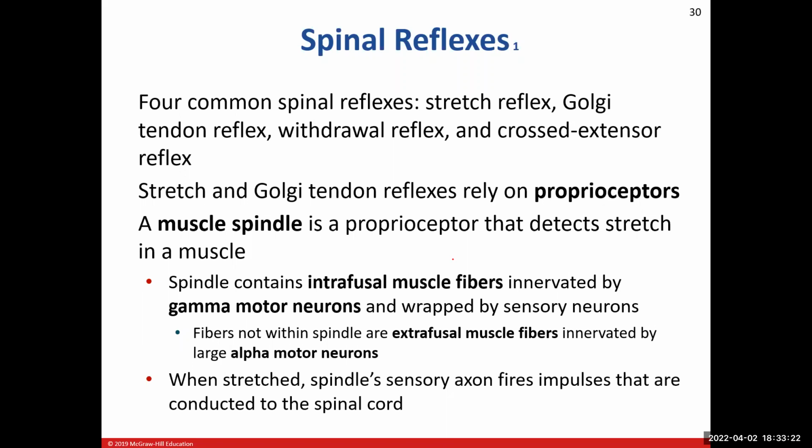And then the muscles that are not inside of our muscle spindle, we refer to those as extrafusal, outside, extrafusal muscle fibers. And they're going to be innervated by a much larger motor neuron. Alpha is the largest type of motor neuron. So that means our action potentials, our nerve signals, can travel faster.